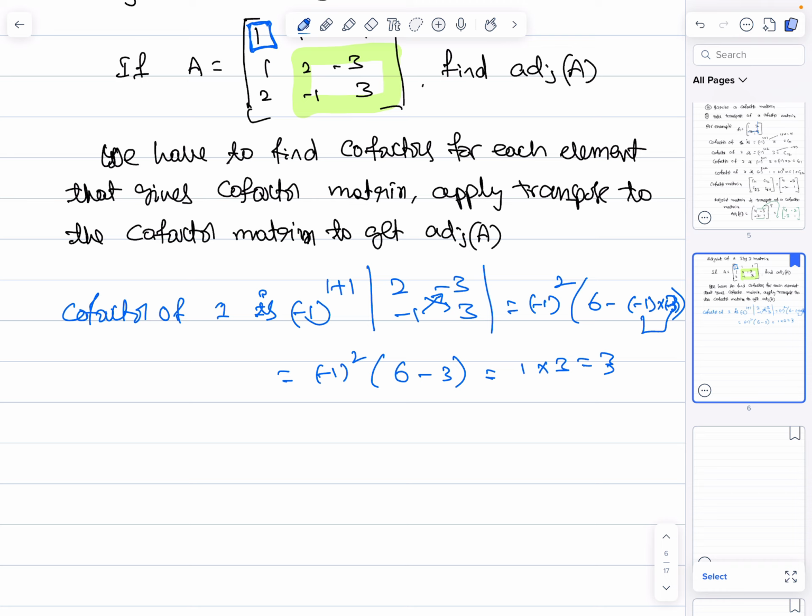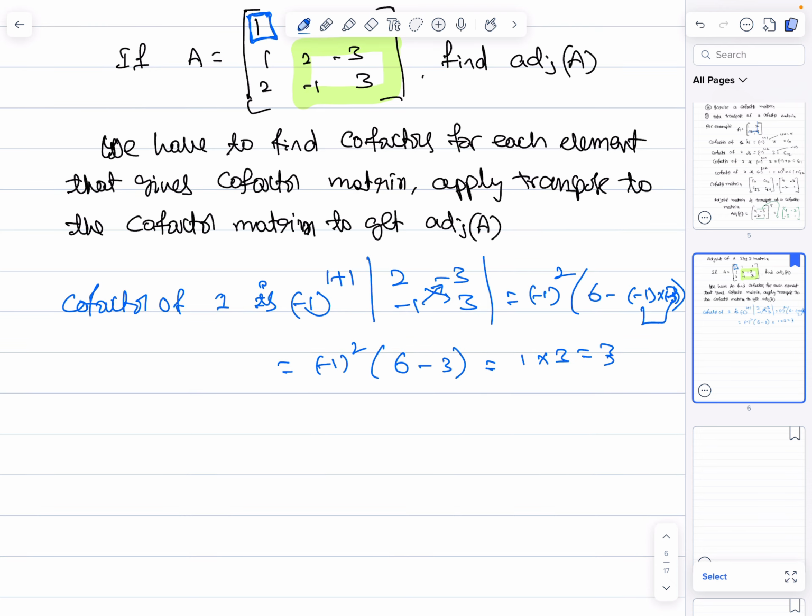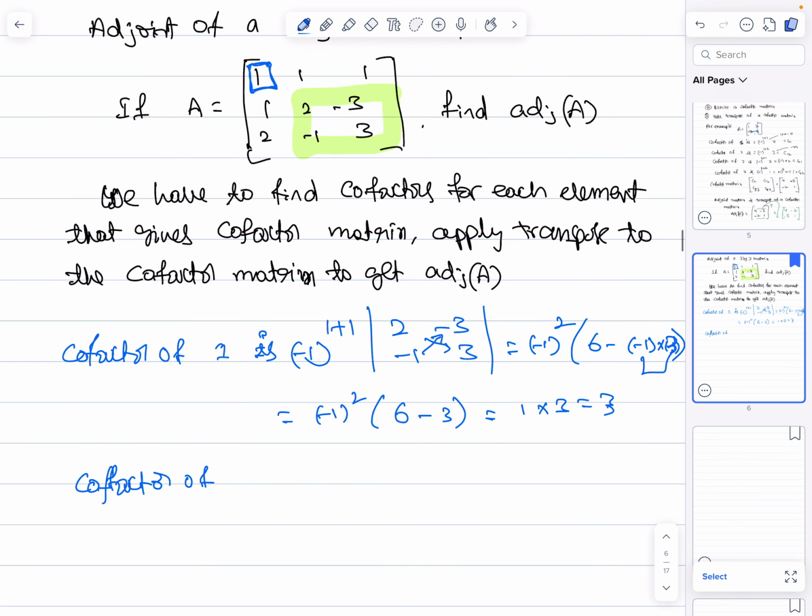So similarly, you have to find the cofactor for each element. So that is the cofactor of the second position. What is that? Second is this one. If you want to find this one, you have to ignore this row and this column. So that is minus 1 whole power first row, second column, multiplied with 1, minus 3, 2, 3.